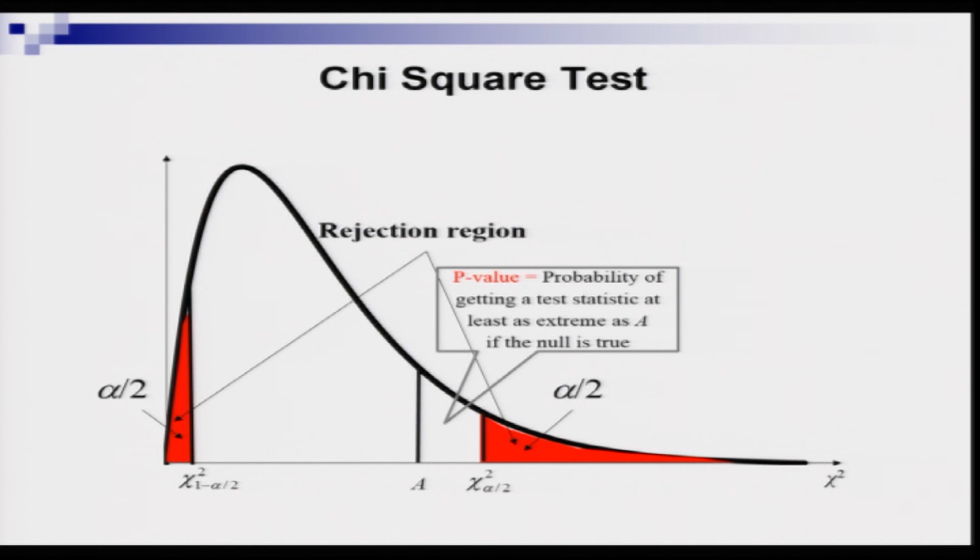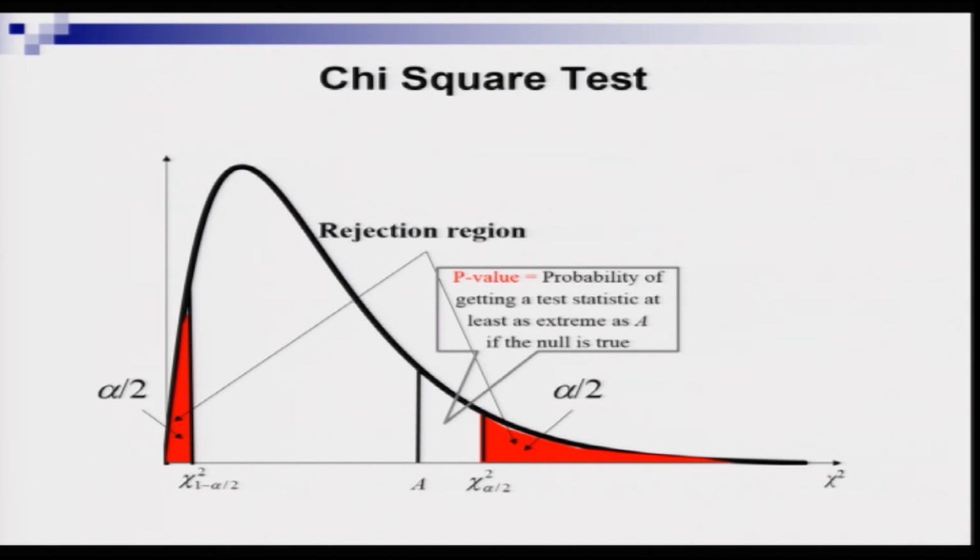is true. So, basically that area which is bounded by the vertical line at a and the chi-square PDF gives you the probability of extreme test statistic values which are higher than the calculated test statistic value a.